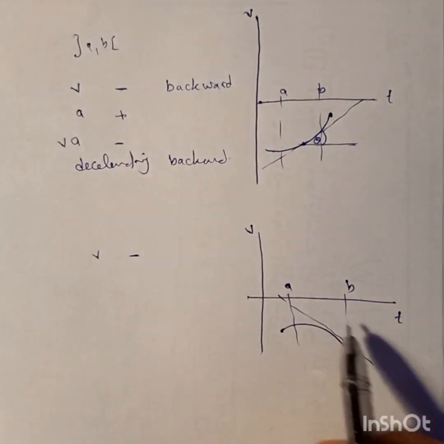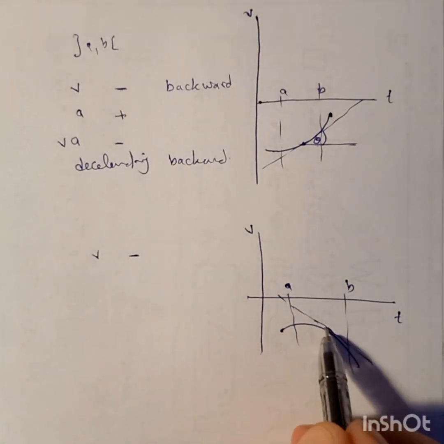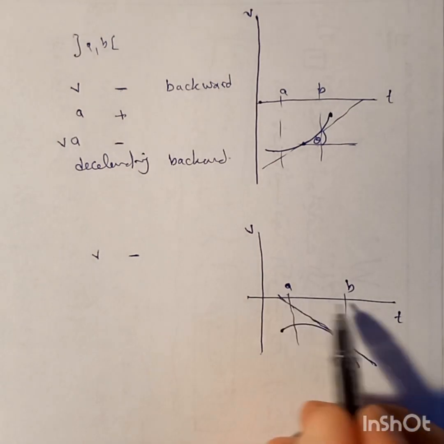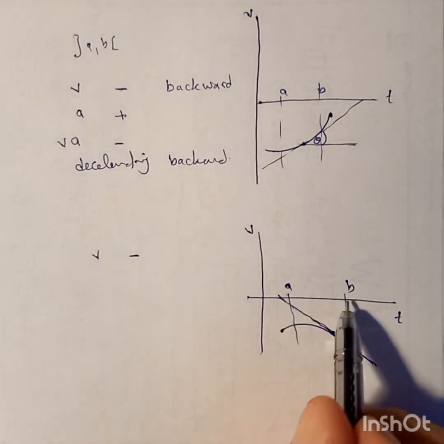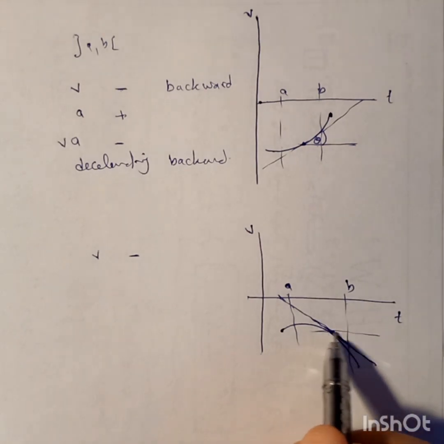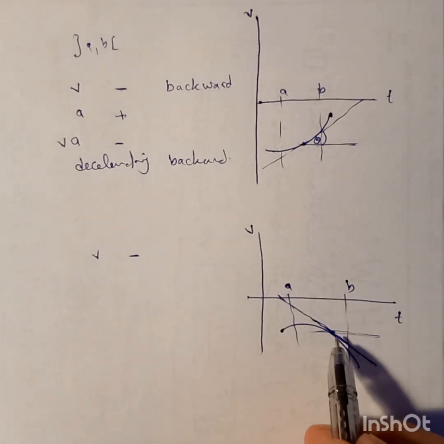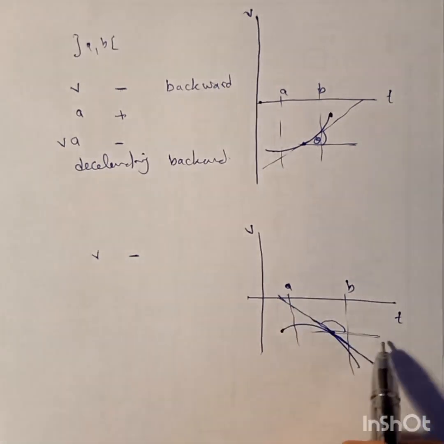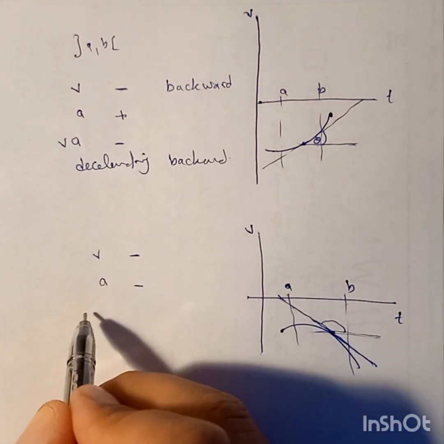For this last curve, during a and b, velocity v is negative as the curve is below the x-axis. For the angle made by the tangent to the curve during time interval a and b, if we select a point belonging to this interval and draw an axis parallel to the original one, we have an obtuse angle made by this tangent with the horizontal axis. So here acceleration is negative.